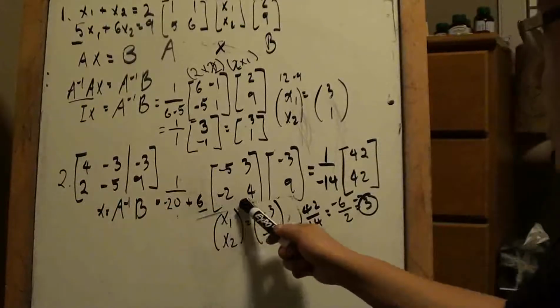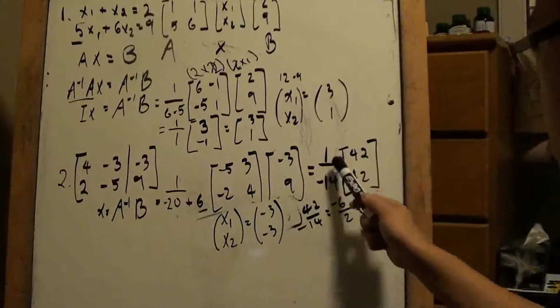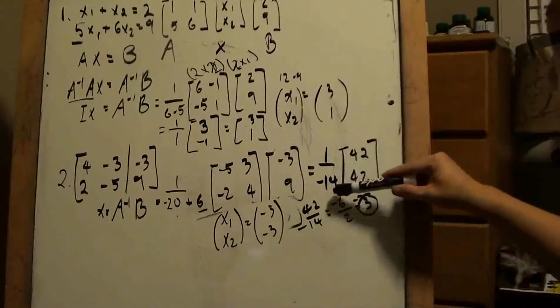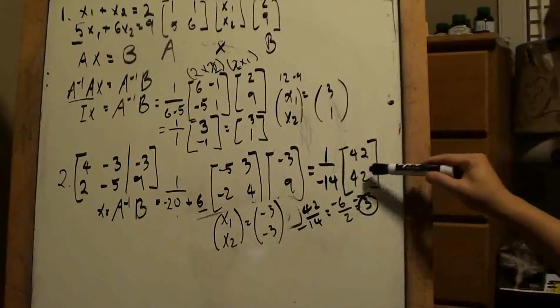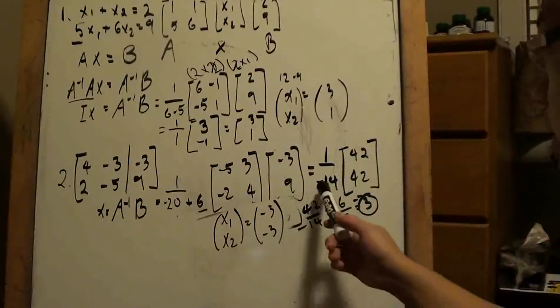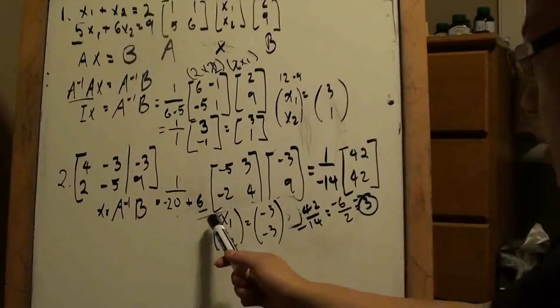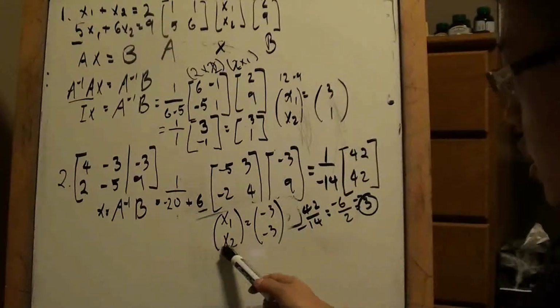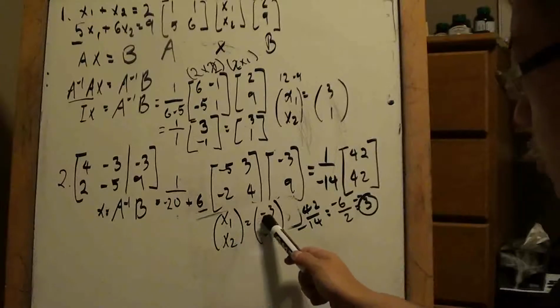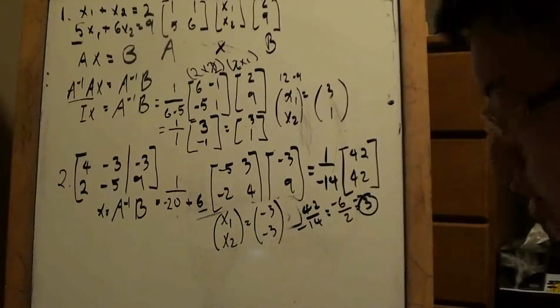Then with B, multiplying them together, I have 1 over negative 14 times 42. 42 divided by 14 is 3, and there's a negative, so it's negative 3. So this is my solution: x1, x2 goes to negative 3, negative 3.